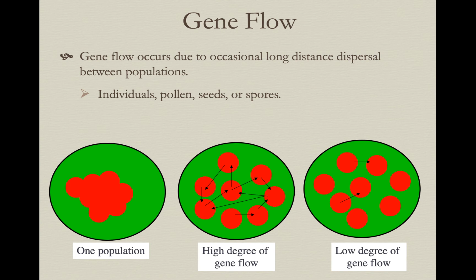Now this could be differences between the habitat specificity of the species. So if it's a bird species, for example, something like a red-cockaded woodpecker that really is very habitat specific, they're probably not going to fly over long stretches of inhospitable habitat to reach another territory.